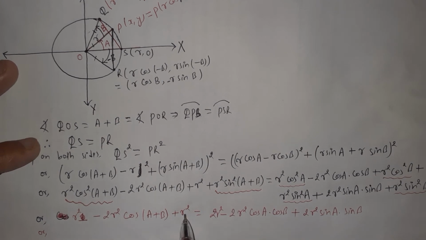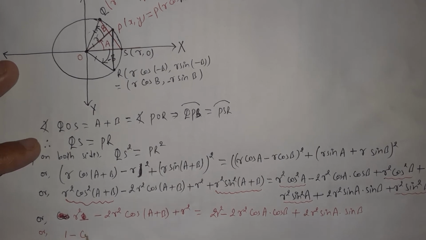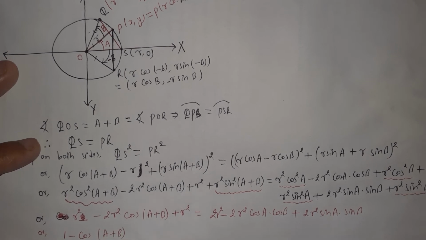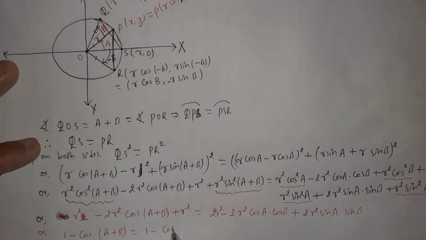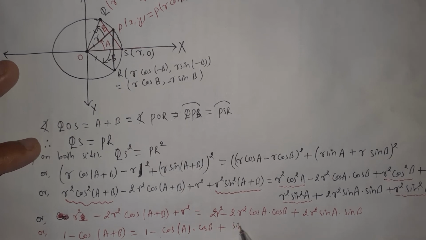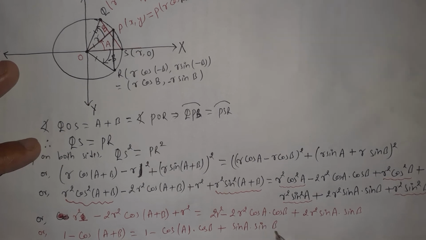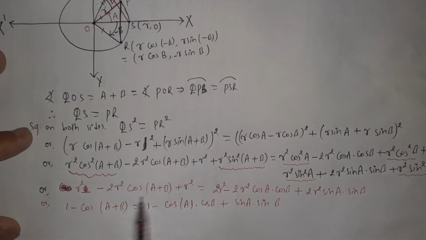Here 2 r squared is present on both sides, so we can eliminate the 2 r squared, and then 1 minus cosine of A plus B is equal to 1 minus cos A times cos B plus sin A times sin B. Here we just cancel out in this step the 2 r squared which is present in each term.